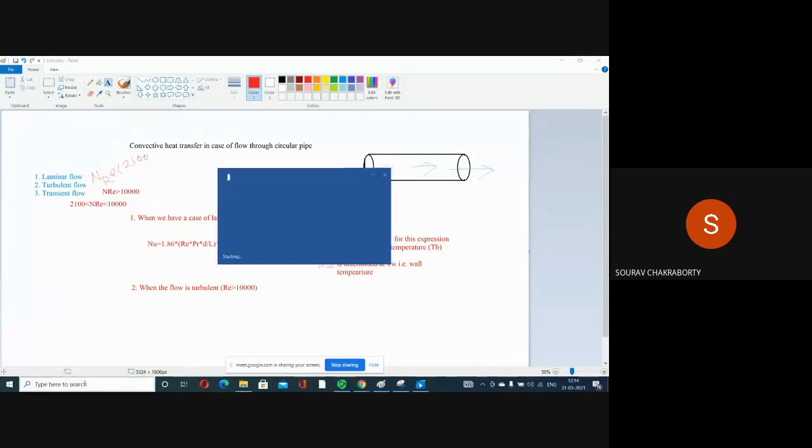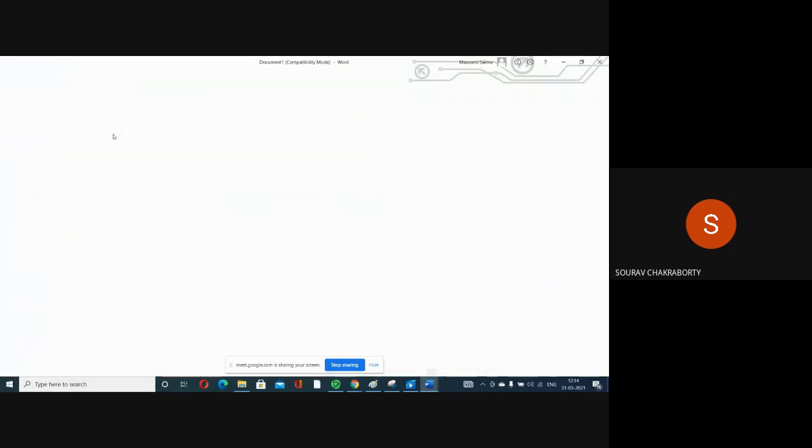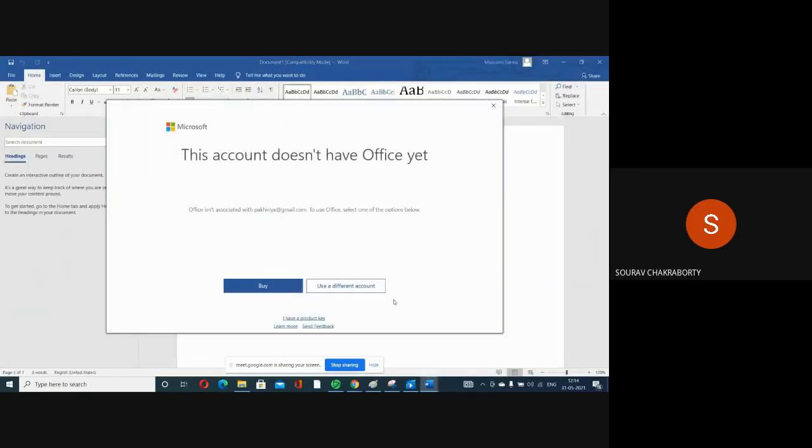Wait one second. So for laminar flow we have decided. Now if you have a turbulent flow, what will be the expression?